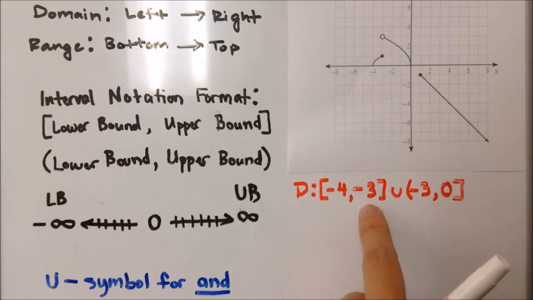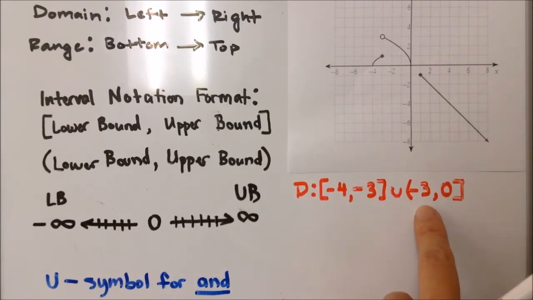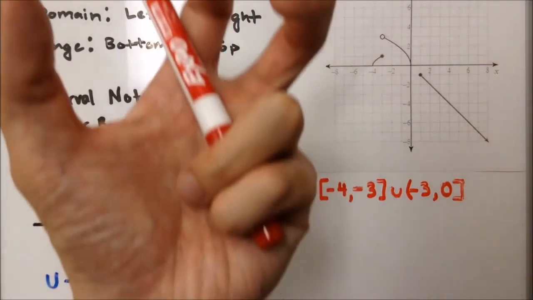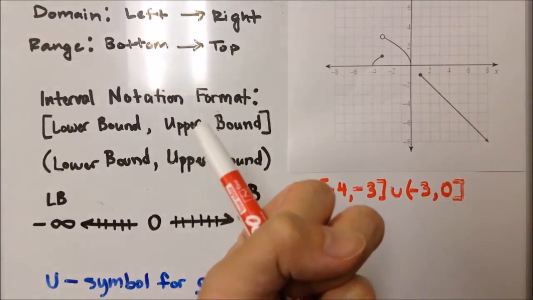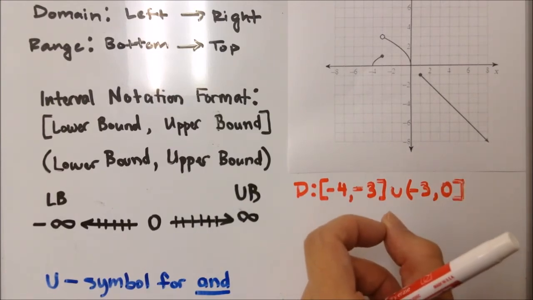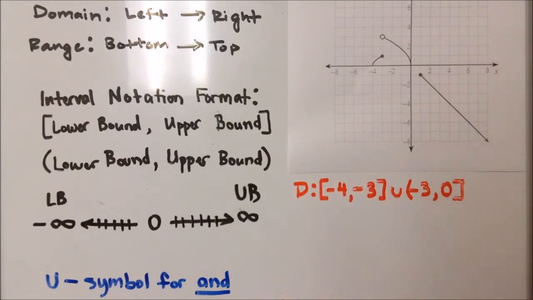Since we have two -3s, one has parenthesis and one has bracket. Since this one has bracket, that means -3 in the domain is included. So in the event you have these two, and the two numbers are the same and one is a bracket, you can actually combine these two domains into one.